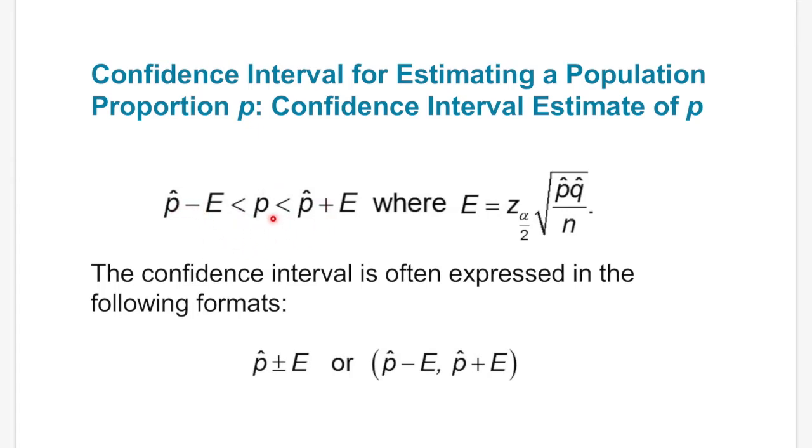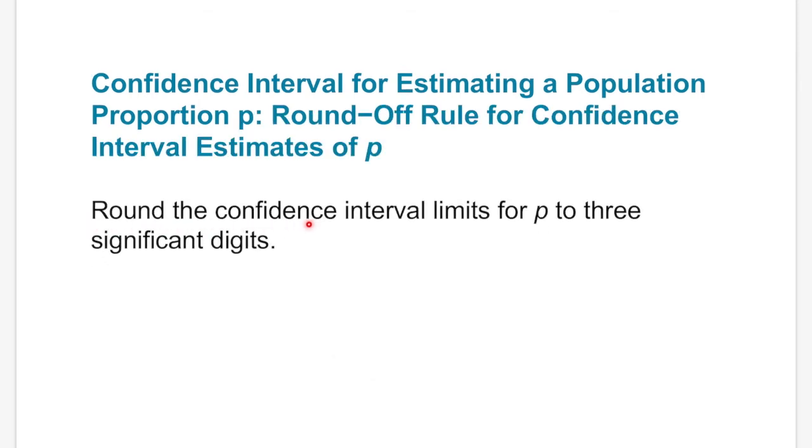You can either use the inequality to represent your confidence interval, or you can use the interval method. Round the confidence interval limits for p to 3 significant digits. Remember, if there is an instruction on how to round in a problem, please follow the instruction. If there was no instruction, please round it to 3 significant figures.